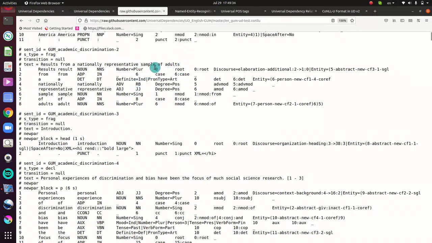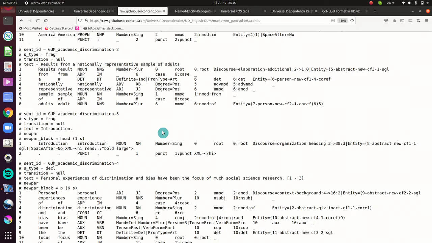Here the syntactic head is a number and it should always point to another token. 0 means the root because obviously there is no 0 token, so this token doesn't have a head, so it's the root token. But if you look at this one, for example, adults, the head is number 6, which is sample. This really forms a tree. If you connect the syntactic heads with arcs, it's really a tree, this representation. And this is a treebank.